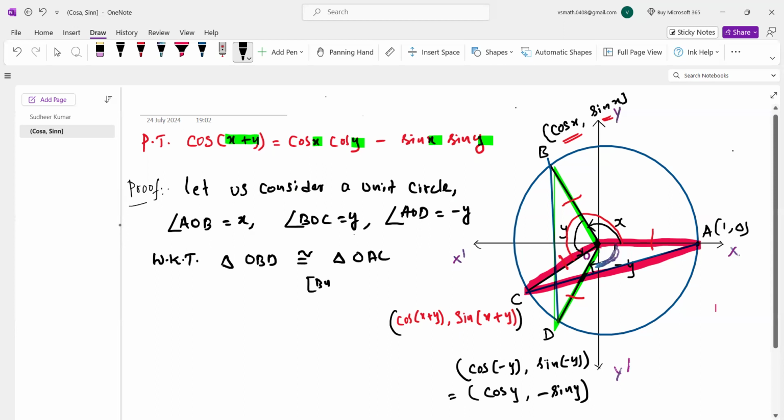This is by the SAS congruency criterion.